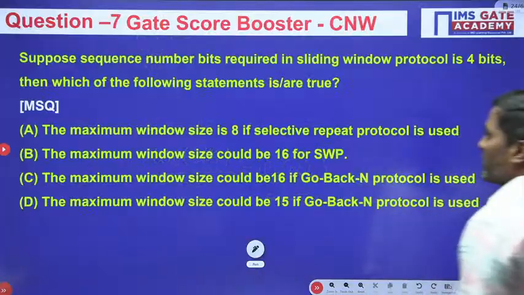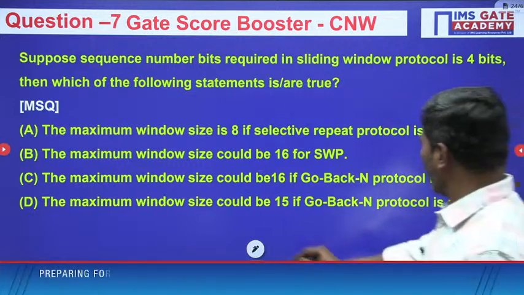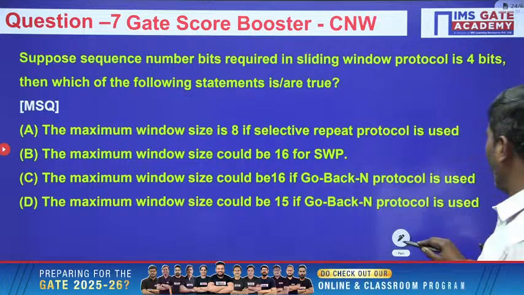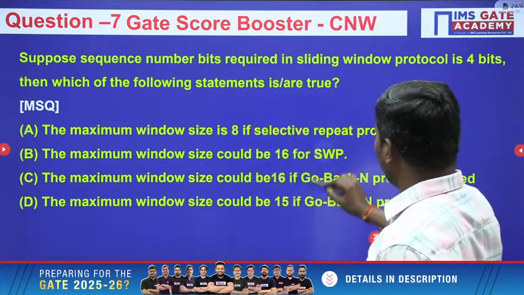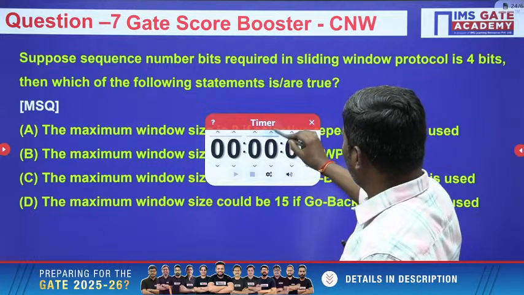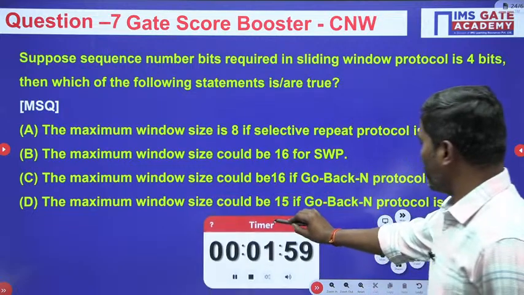Let's observe. So one question is there like this, can you answer now? Try to answer this question. Few other things we will observe later. I am giving 2 minutes time. Try this question. All of you must try.